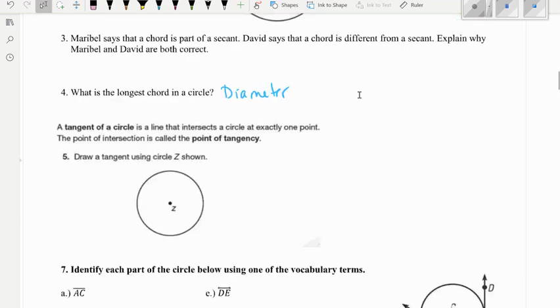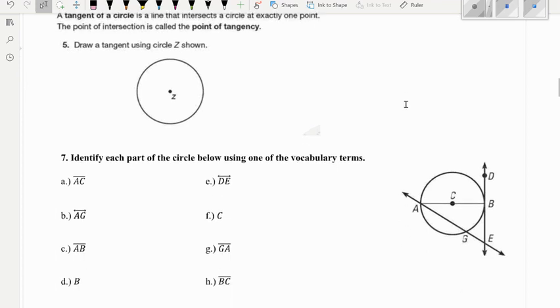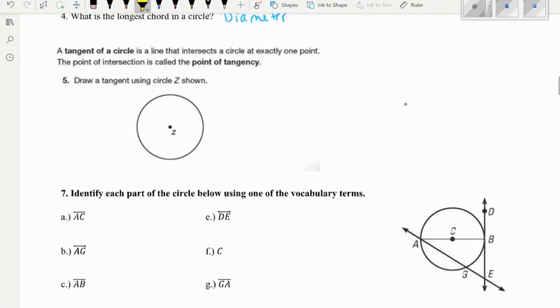Next, we're going to talk about the tangent of a circle. A tangent of a circle is a line that intersects a circle at exactly 1 point. The intersection is called the point of tangency. So here's my tangent line to my circle, and I'm going to call that point Y. So that would be the point of tangency.